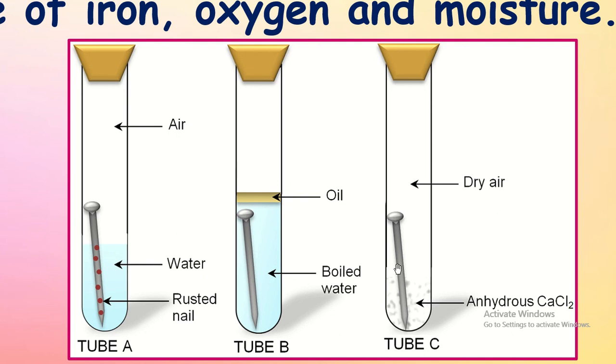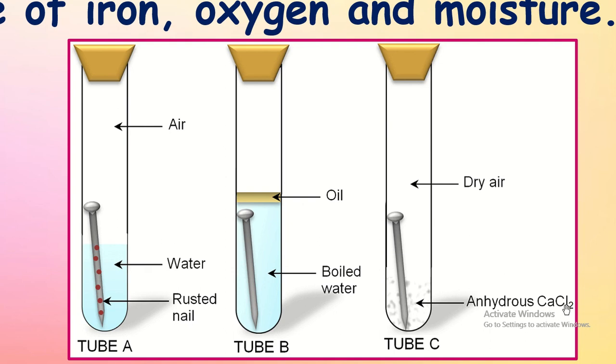In the third test tube, they have taken an iron nail. No water is taken, just air is passed into this, only dry air. To remove the complete water vapor in this test tube and make that air dry, they have taken small pieces of anhydrous calcium chloride.